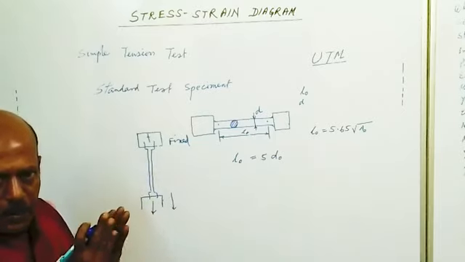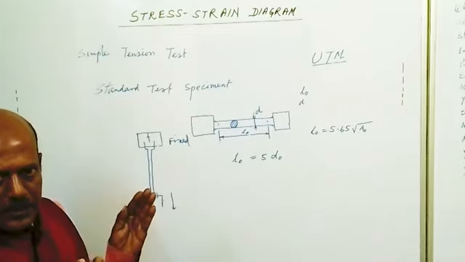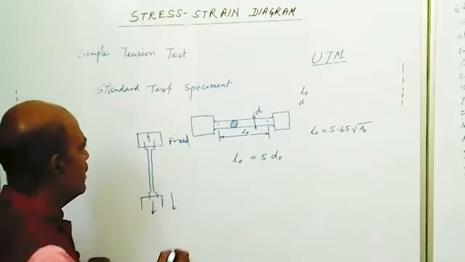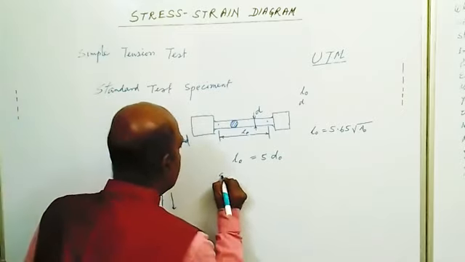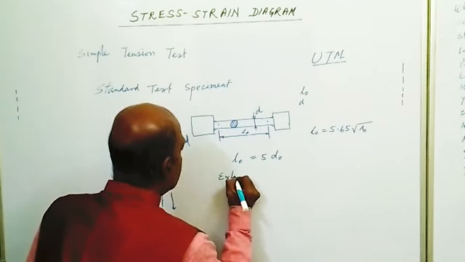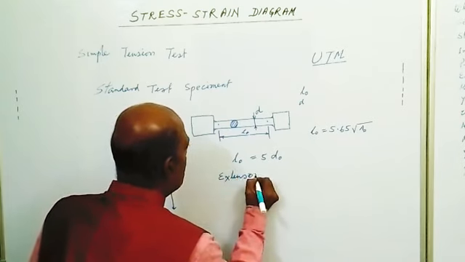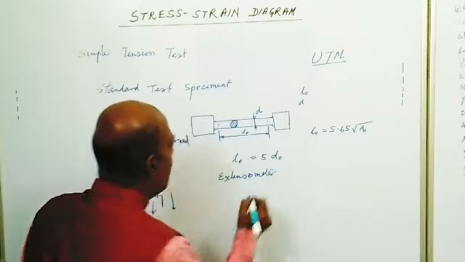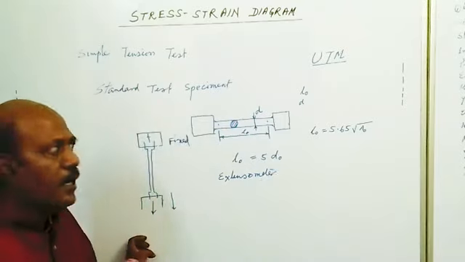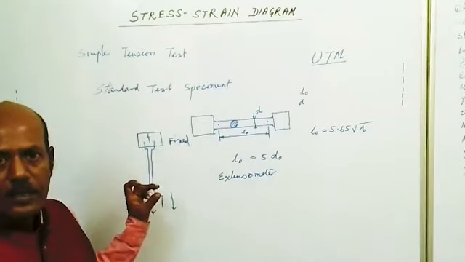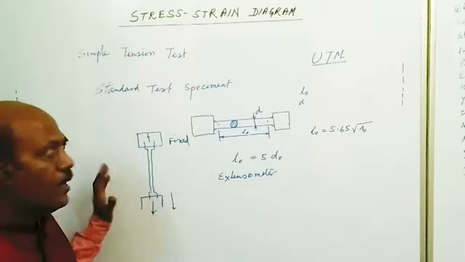Thereby the member will extend in its size, and that extension is measured with the help of an instrument called an extensometer. So with the help of the extensometer we can measure the extension produced in the body under load.